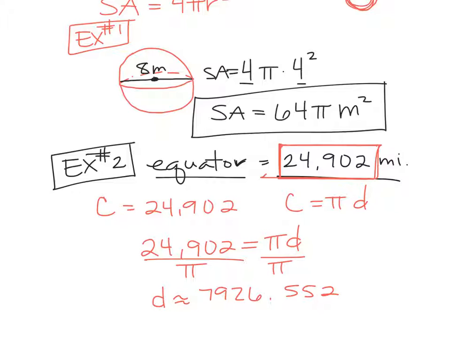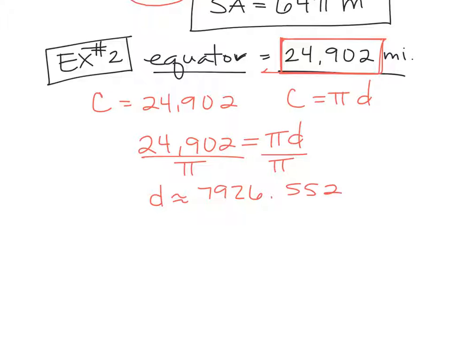So that's your diameter. How do we find surface area? You have to cut that in half because you need a radius, so dividing by 2, I get a radius of approximately 3,963.276 miles. That's the radius of the great circle of Earth.